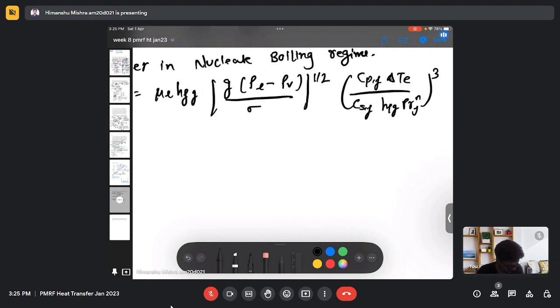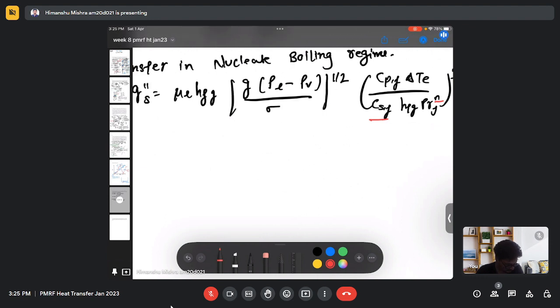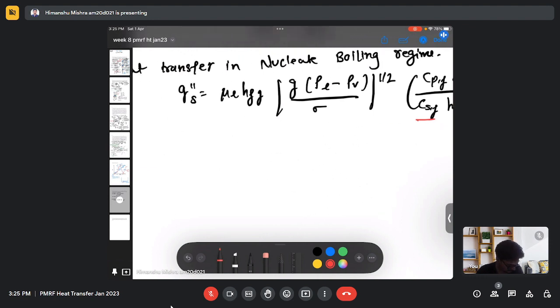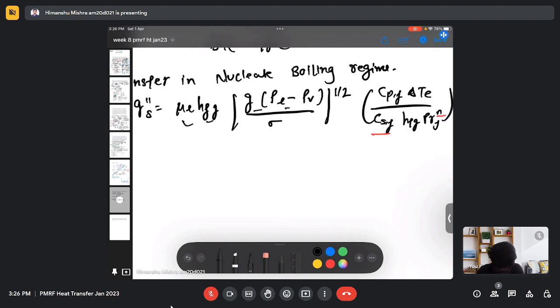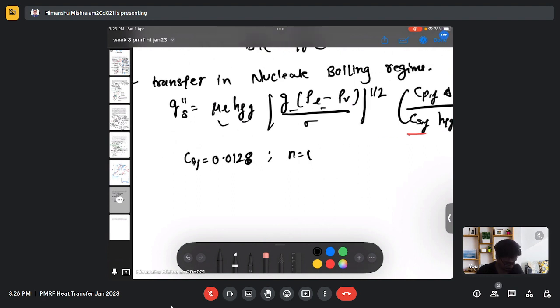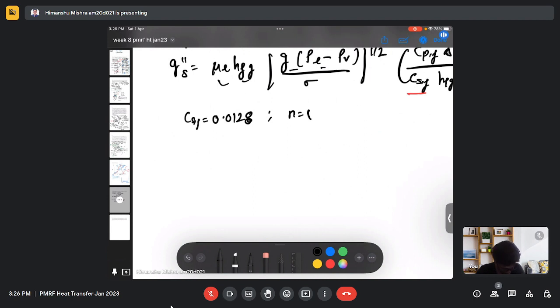Here C_sf and n are just constants based on the properties of the material and the fluid. So we have all these values, and the value of the constant for the copper surface is given here. So we just need to plug in the values.